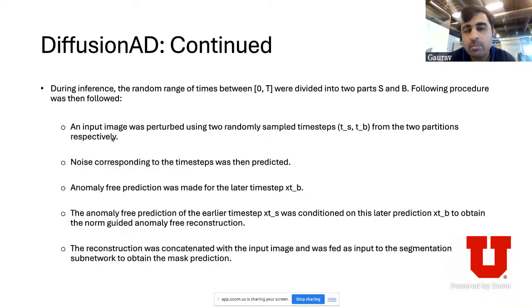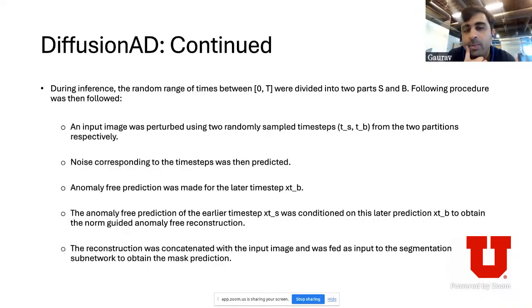The authors make a point here that we can perturb the input image using small noise, or we could perturb it using larger noise. When the anomalies occupy a very small area in the image or are not very pronounced, a reconstruction can be performed by adding small noise, and that might give us a normal sample without any distortions in the normal areas.